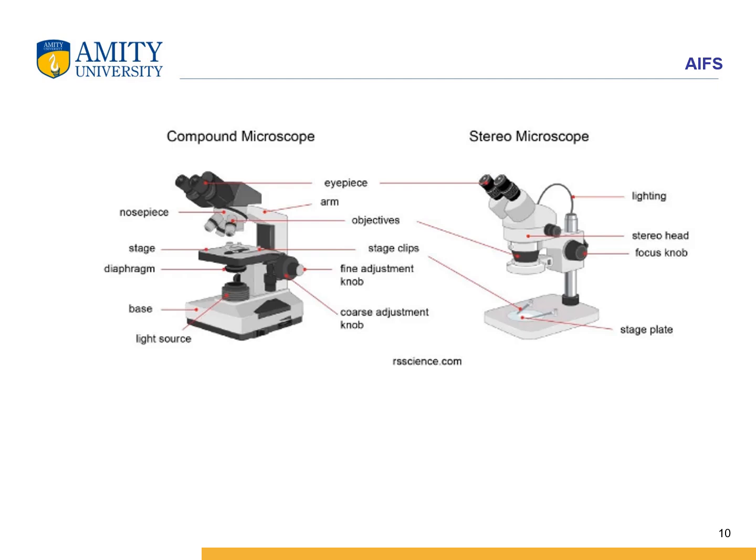In the compound microscope the stage is above the light source, but the stage in the stereo microscope is exactly over the light, and is known as the stage plate.